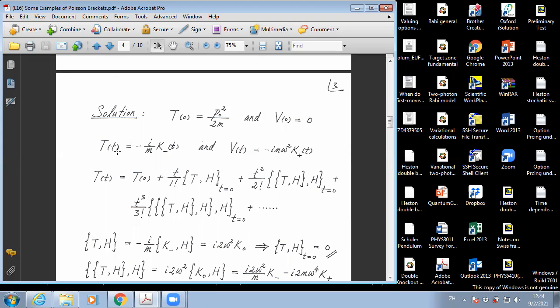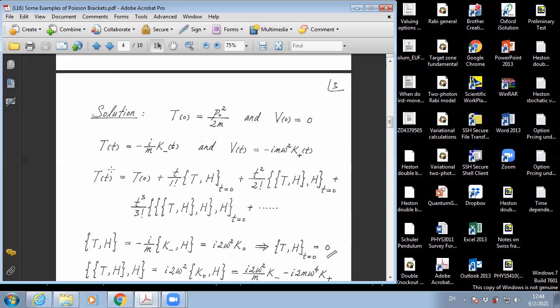We know that T, the kinetic energy, is equal to minus I over m times k minus. Potential energy is related to k plus, all right? And this is the initial condition, okay? Since x naught equal to 0, p naught is given here, the initial condition.